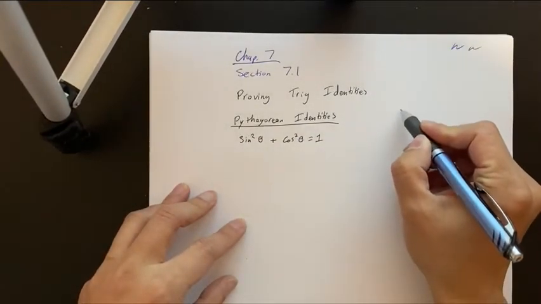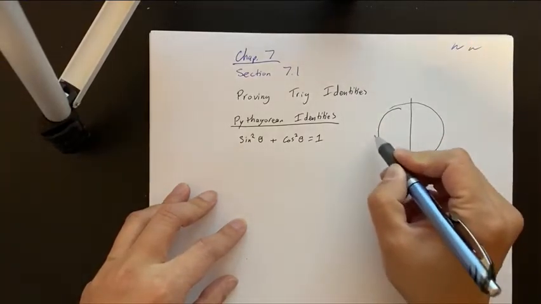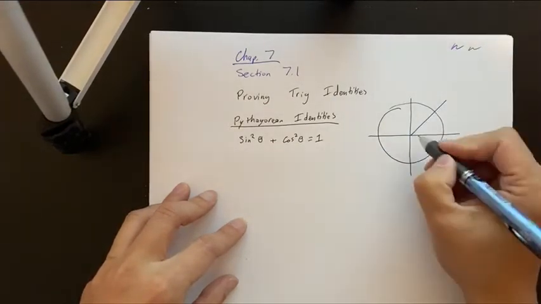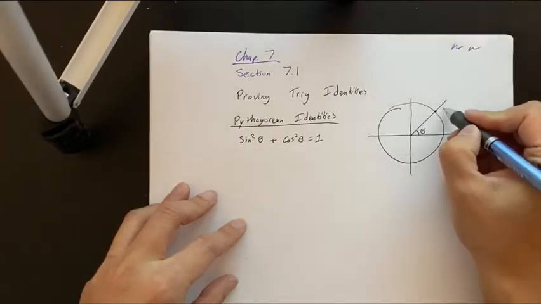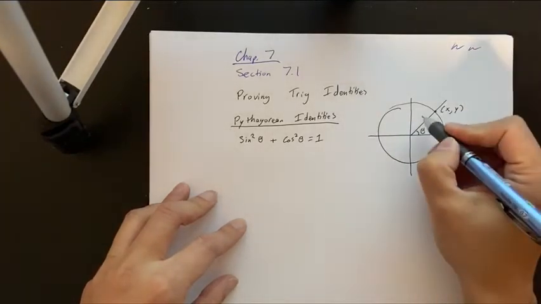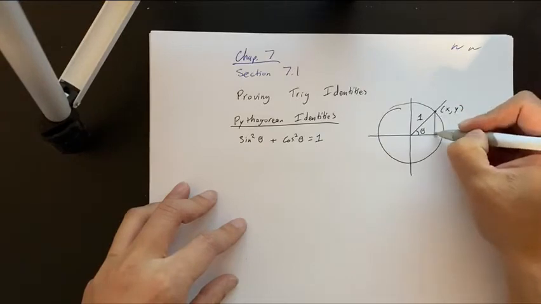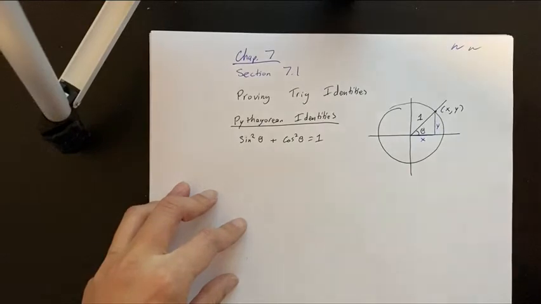So if you recall from the unit circle, I have my angle theta. And for each angle theta, I have a unique point on the unit circle, and I'll call this point xy. And because this is a unit circle, this is of length 1. And if I draw my x and y, here's my x, here is my y, we form a right triangle.